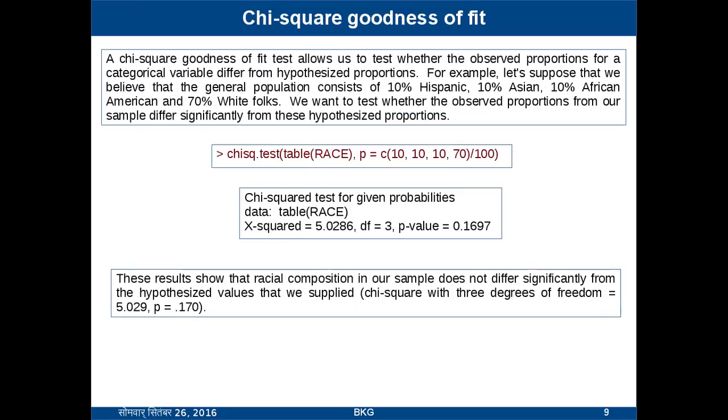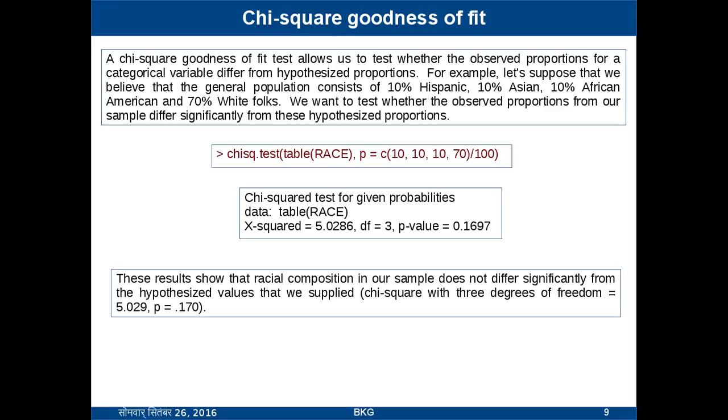Now the chi-square test for goodness of fit. A chi-square goodness of fit test allows us to test whether the observed proportion for a categorical variable differs from a hypothesized proportion. For example, in our HSV2 data file, we can test the proportion of different ethnic groups.